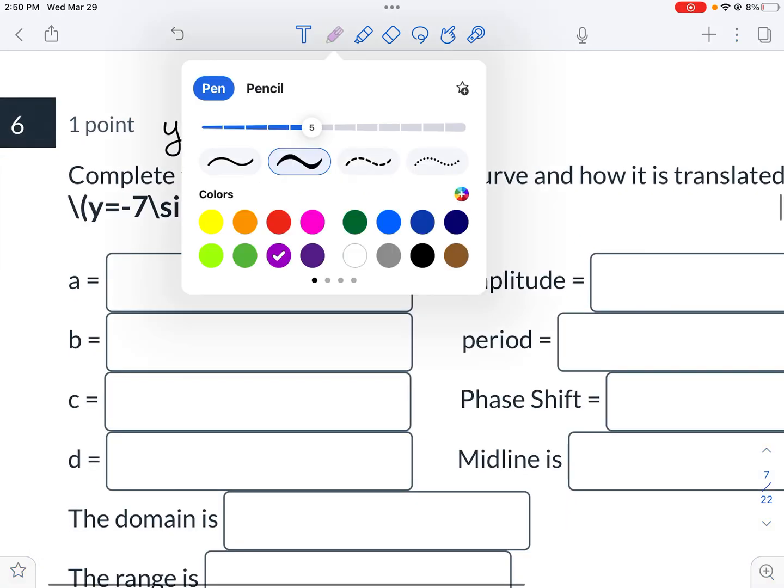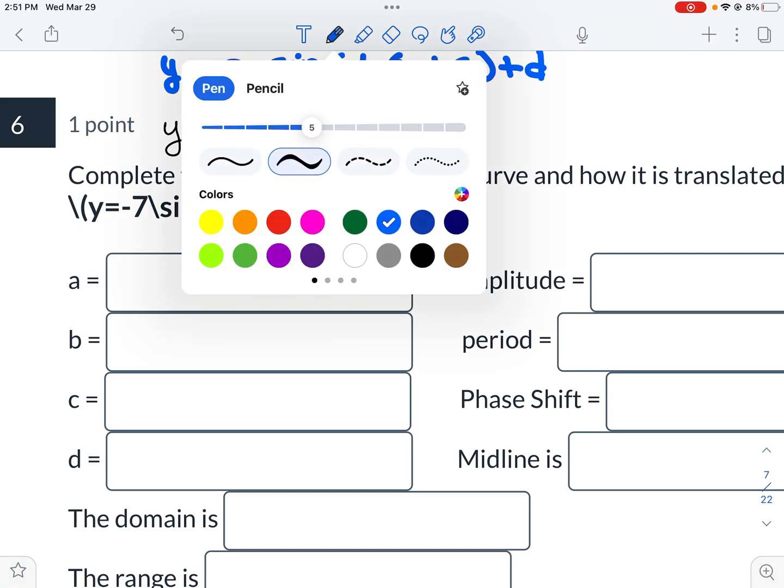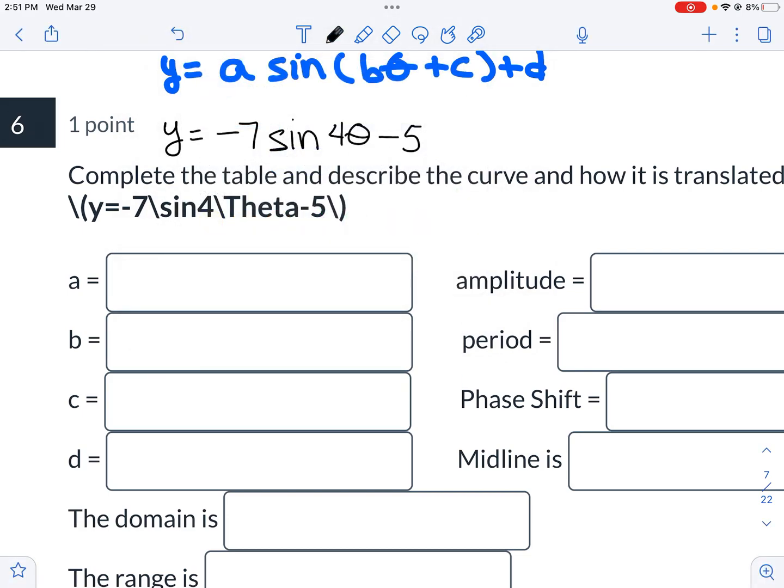All right, so the rule is y equals a sine b theta plus c plus d. If I rewrite the problem, it is y equals -7 sine 4 theta plus 0 minus 5.